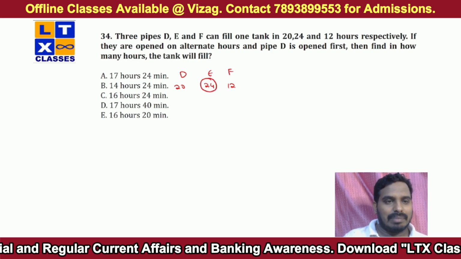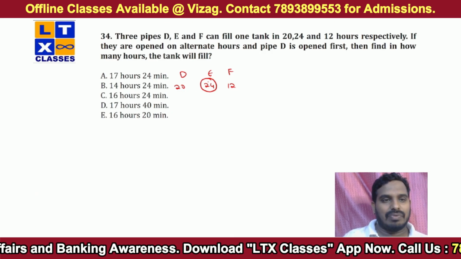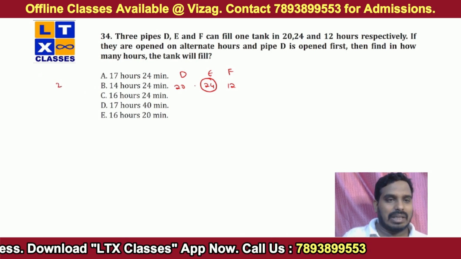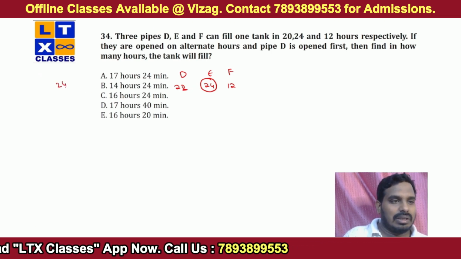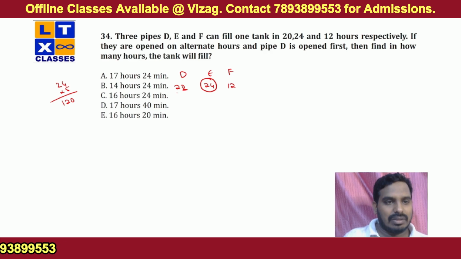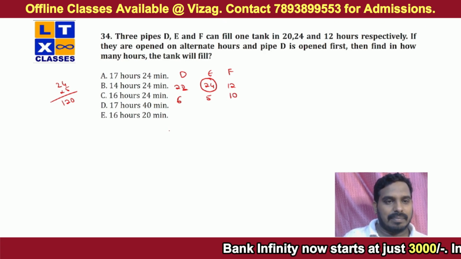Now I'll simply double it in order to check the LCM of 20, 24 and 12, or else I can simply, since I have a 0 here, this should be equal to 24 into 5, which is equal to 120. So 24 into 5 is 120, 20 into 6 is 120, 12 into 10 is 120.